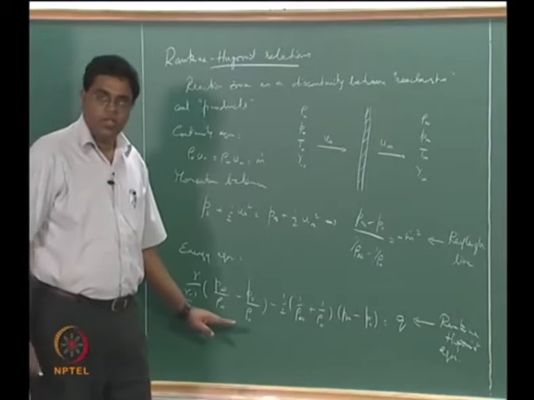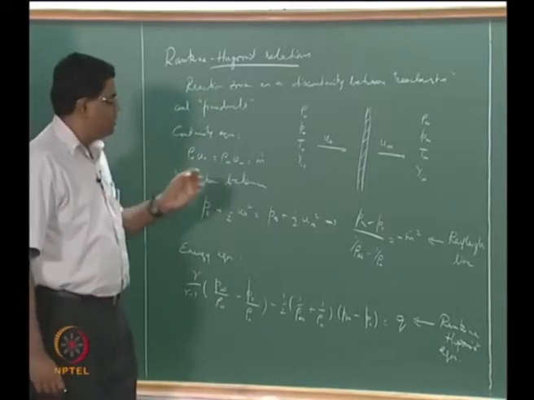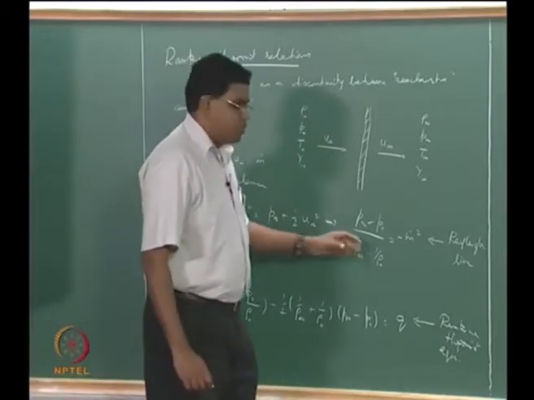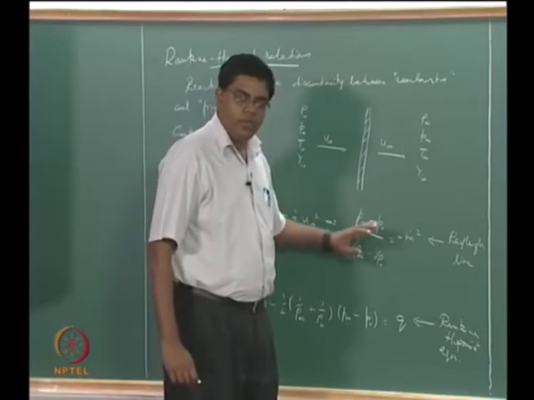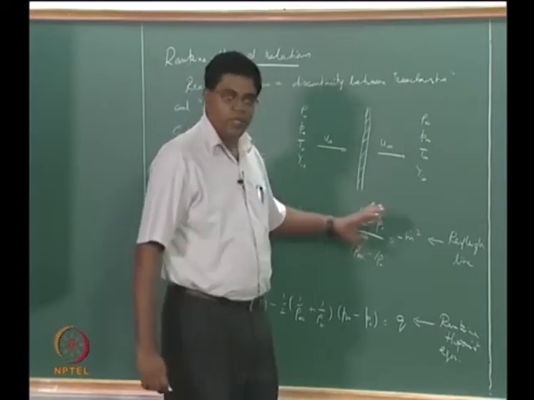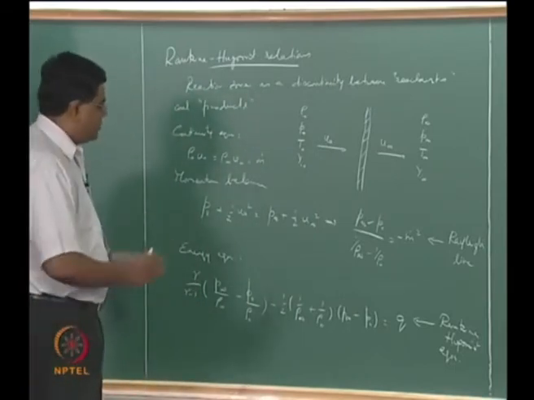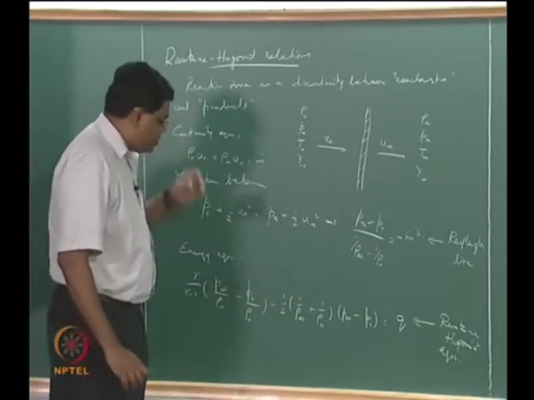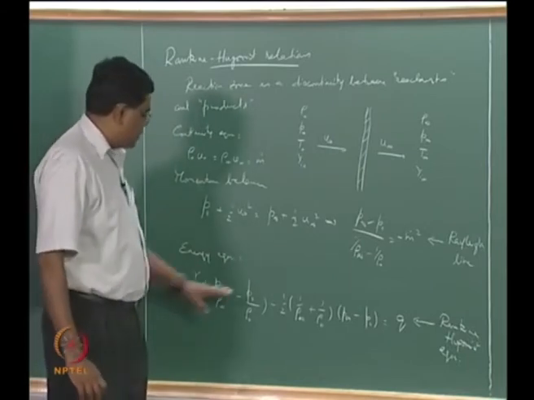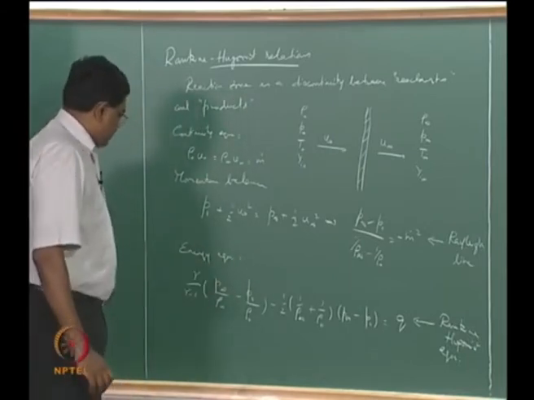The flow information is actually buried in the Rayleigh line, which is a combination of continuity and momentum together. So that carries the flow information, whereas the thermal energy equation effectively is not carrying any flow information.